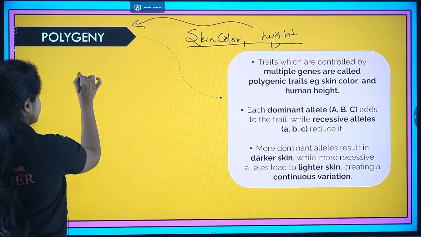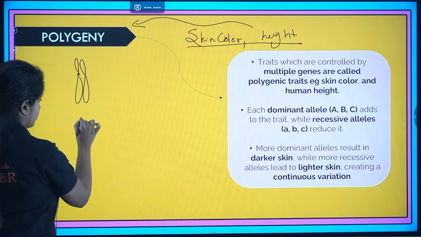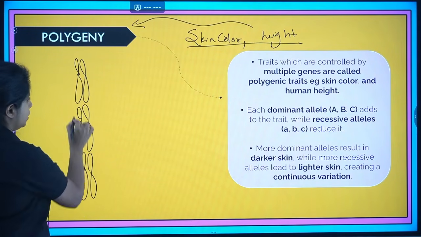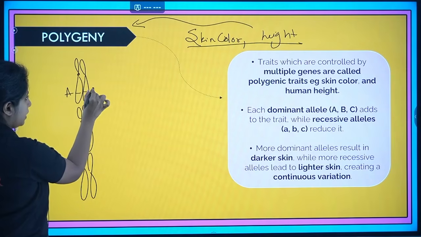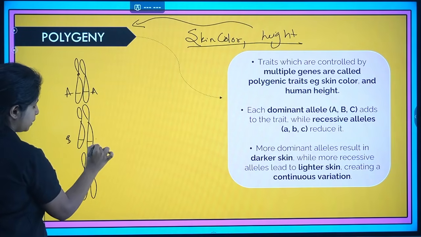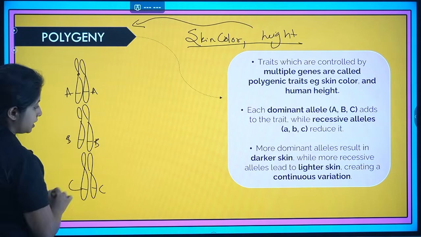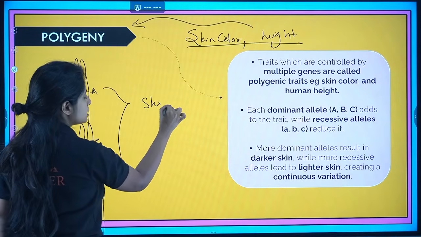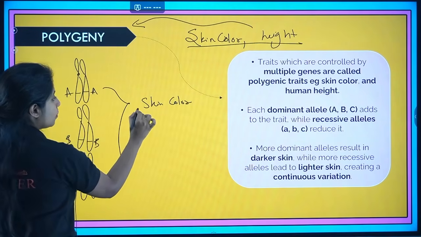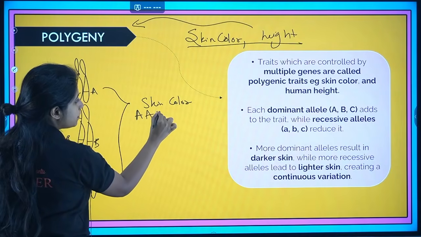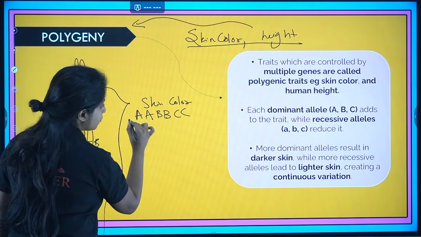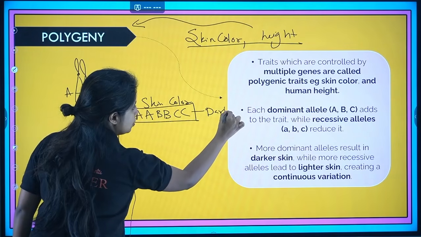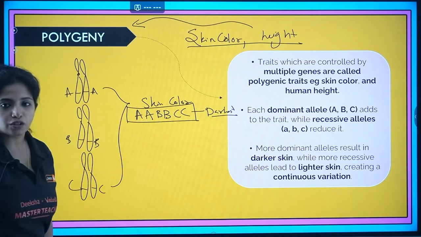For example, I have A, I have B, I have C. All of them contribute to my skin color. So over here the combination is AA, BB and CC. If I have a combination like this, I will have the darkest skin tone.